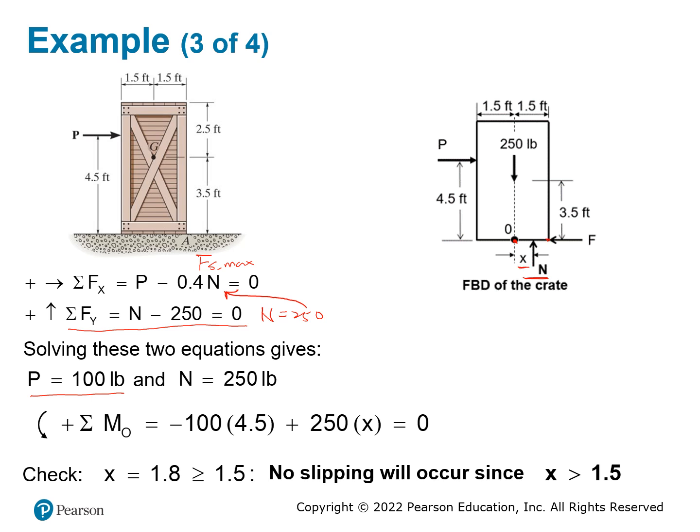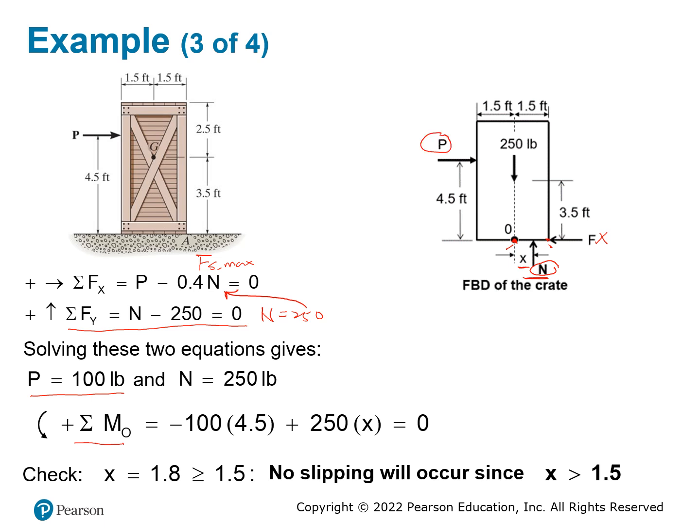And we're going to do a summation of moments. Now you can do a summation of moments at this point, or at this point, and we choose this point, which is the point just right below the weight. The weight has to go through this point, therefore the weight is not going to create any moment. The only thing that will make a moment is going to be this one here, not this one here, because this one will go through this point here.